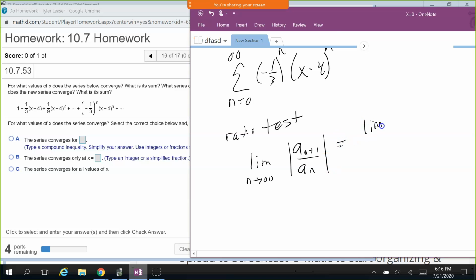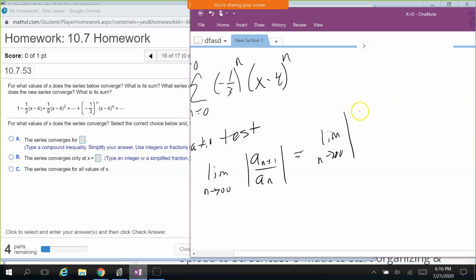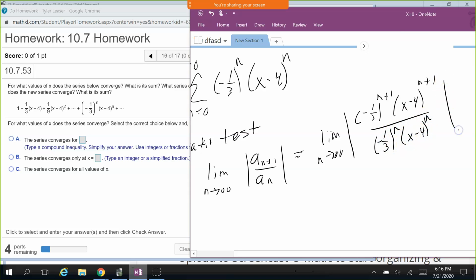So for us, the limit as n goes to infinity of the absolute value, the n plus 1 term would be negative 1/3 to the n plus 1 times x minus 4 to the n plus 1. That all divided by the nth term, just negative 1/3 to the n, and then that x minus 4 to the n.